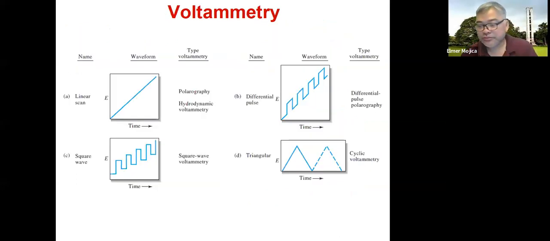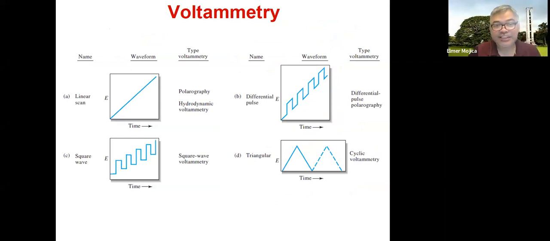Now, if we look at voltammetry, as I mentioned earlier, a variable potential excitation signal is applied at a working electrode.